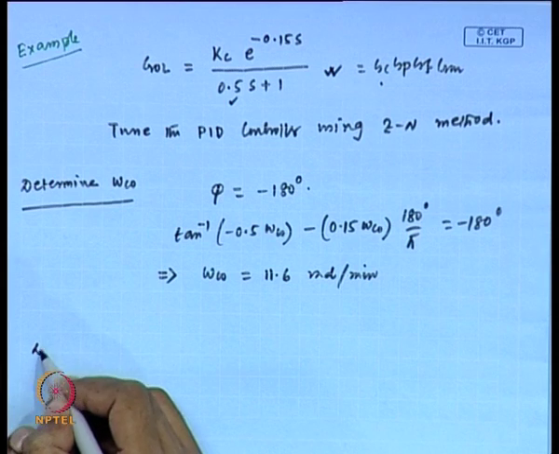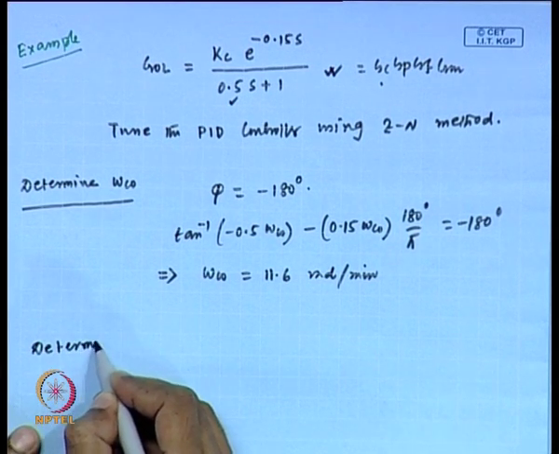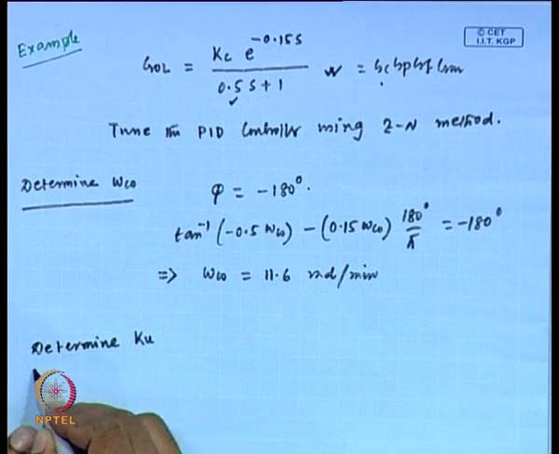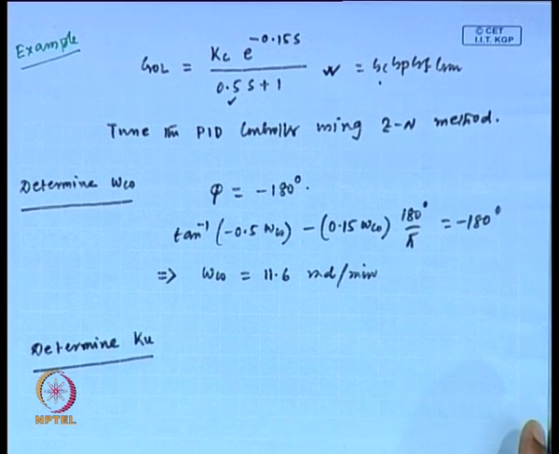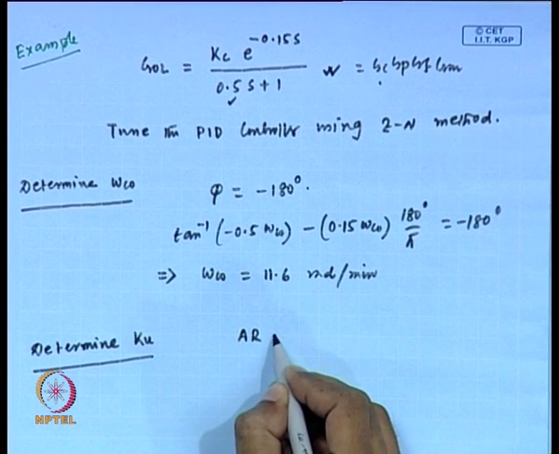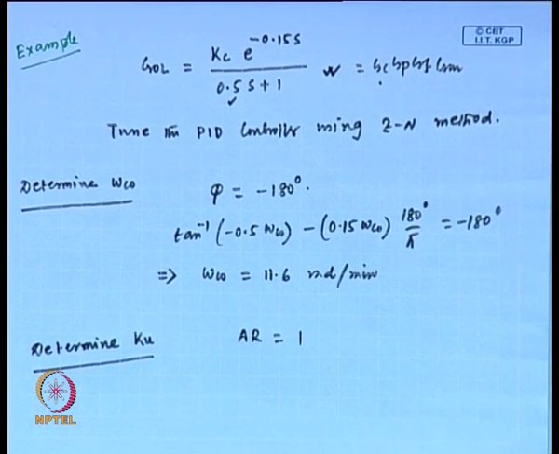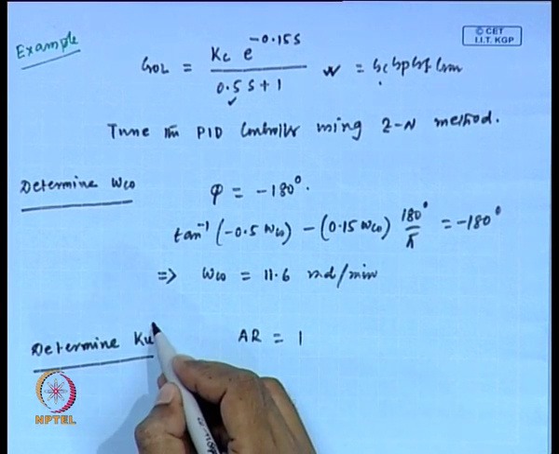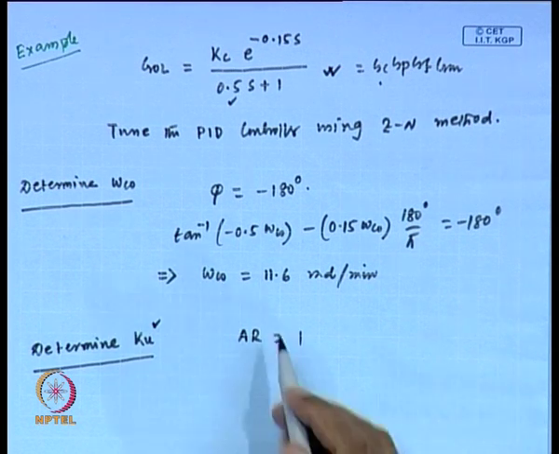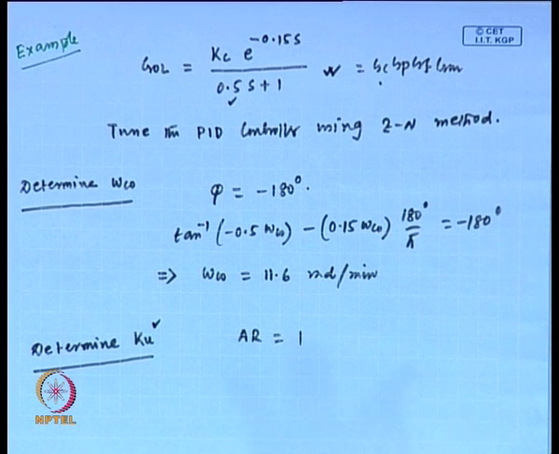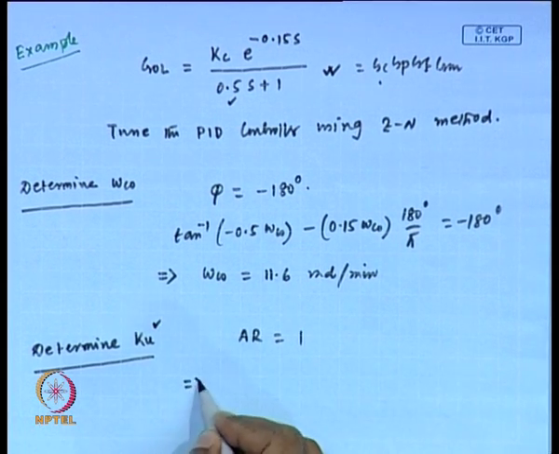Then determine ultimate gain. We can obtain ultimate gain if we consider amplitude ratio equal to 1 at crossover frequency. Ku is the value of Kc at which we obtain sustained oscillation, and that corresponds to the condition of amplitude ratio equal to 1 at crossover frequency. So, what is the expression for amplitude ratio?